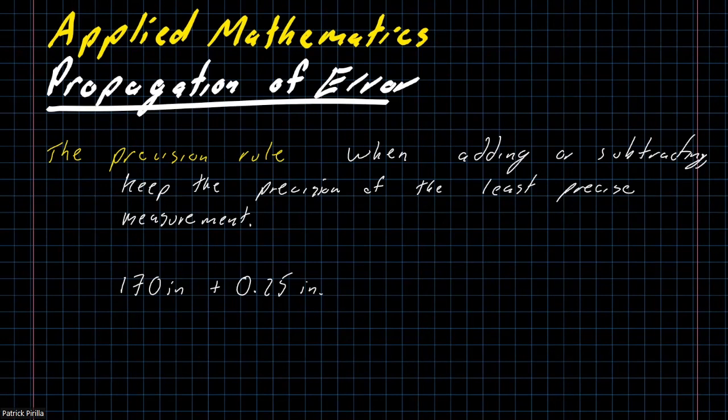All right, 170 inches. That is the width or the length of a wall in a large room. 0.25 inches. That is, I don't know, the width of my cell phone. But look more so at the accuracy and precision. My 170 inches measurement only has two significant digits.